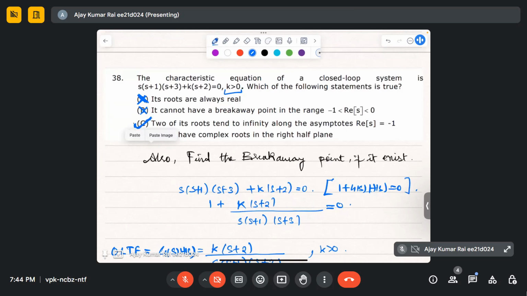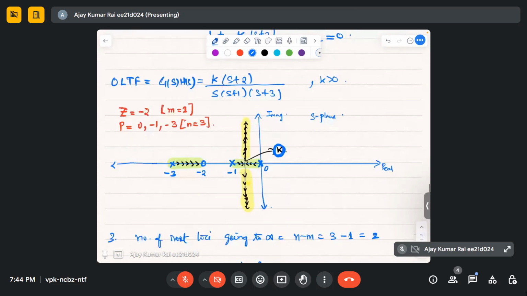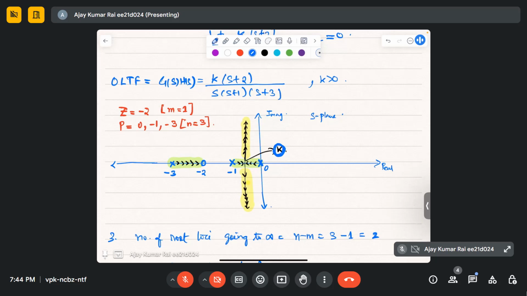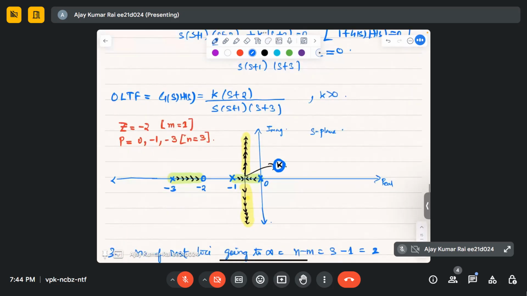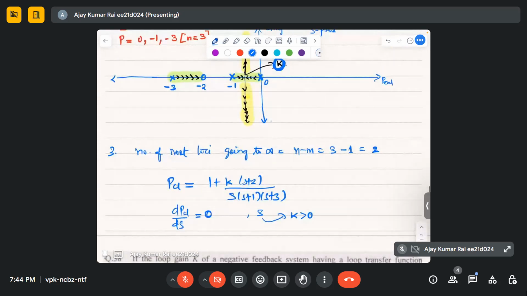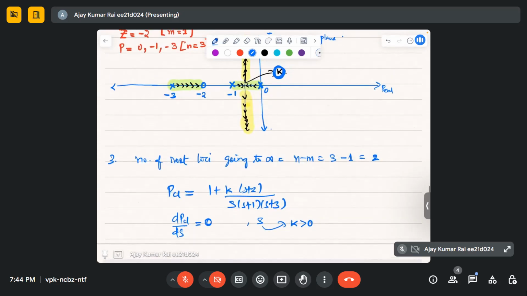The last option is it may have a complex root in the right half plane. So you can see the root locus is not going into the right half plane. That's why this option is also wrong, because it's going to infinity. You can find the asymptotes also. How to find the asymptotes? The angle is plus minus (2q plus 1) into 180 degrees over n minus m, right?